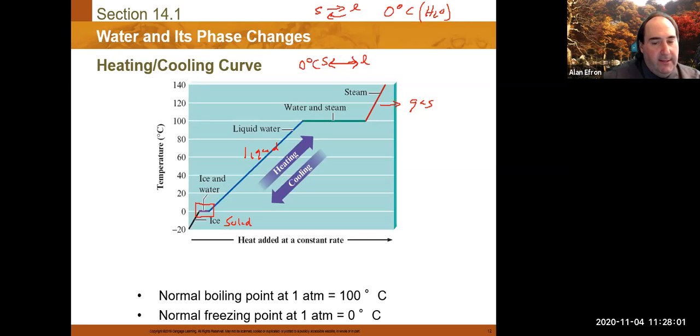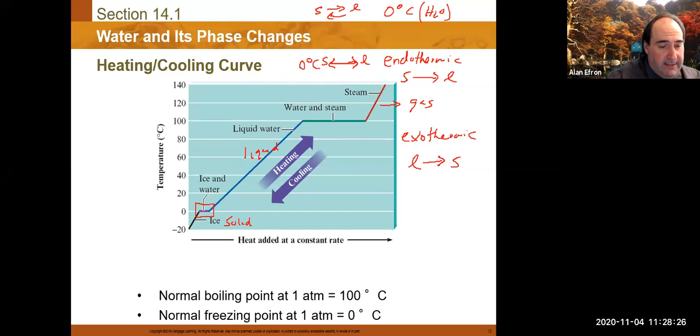So if we continue on an endothermic process, which means that we're going to put heat and energy in, we will continue the process of going from solid to liquid. All of our solid molecules will gain enough energy to melt and go into the liquid phase. If we go on an exothermic pathway at that point, we would be going from liquid back to solid.